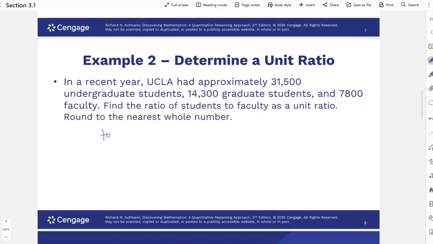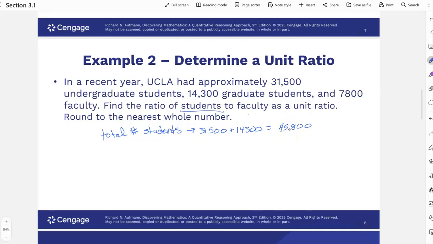So let's find our total number of students. So we've got 31,500 undergrad, 14,300 grad. And if I add that together, I've got 45,800 total students.